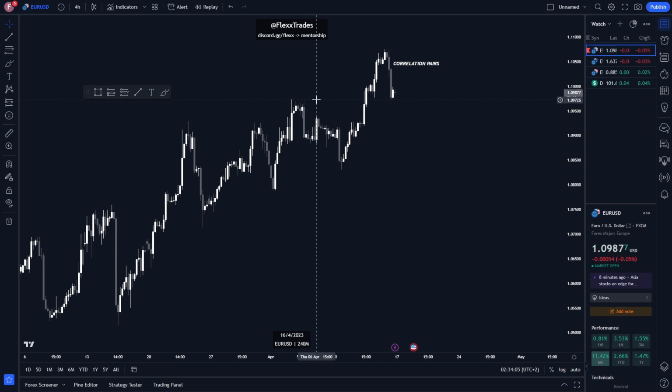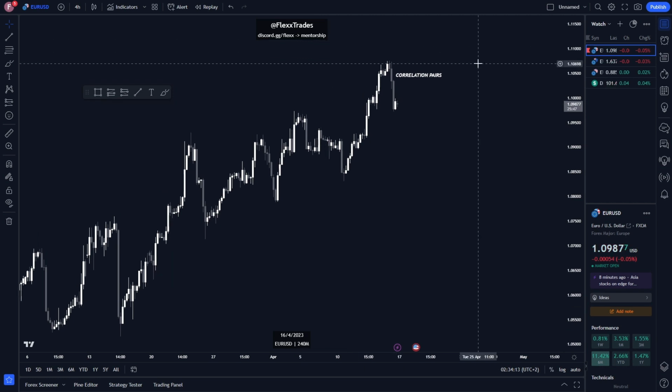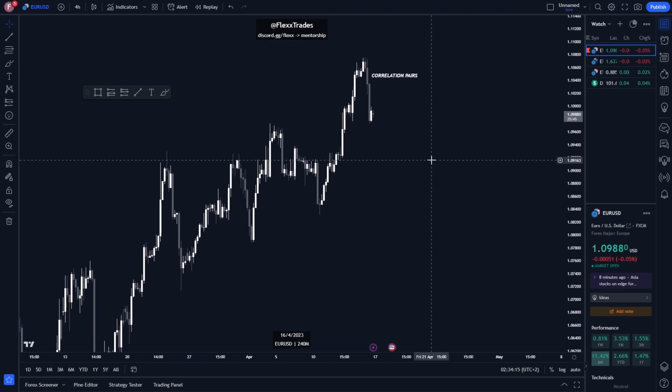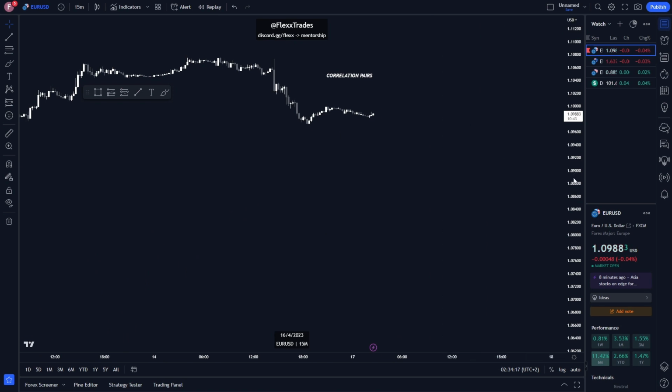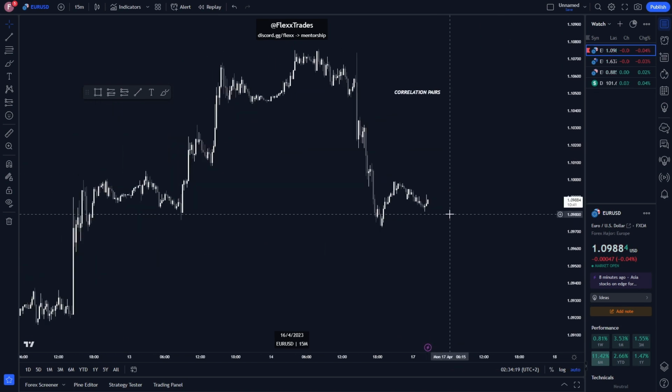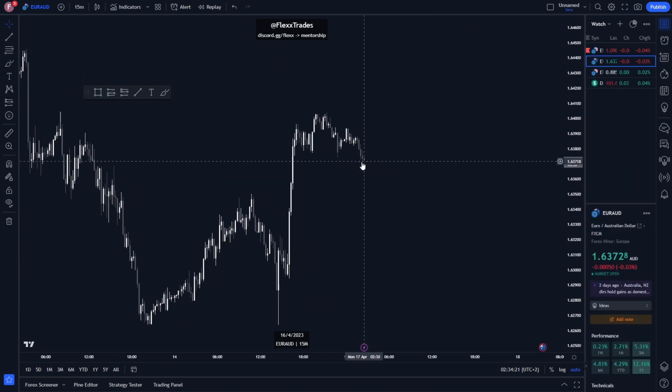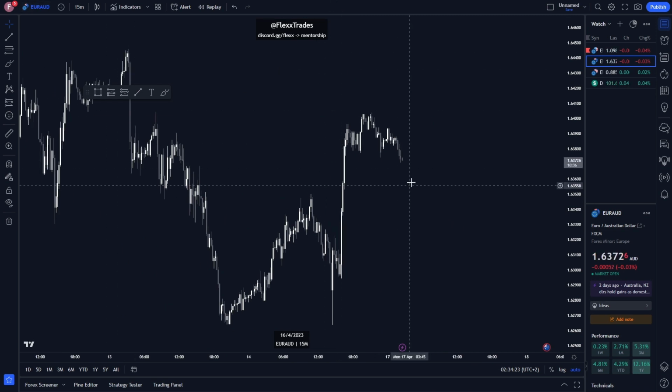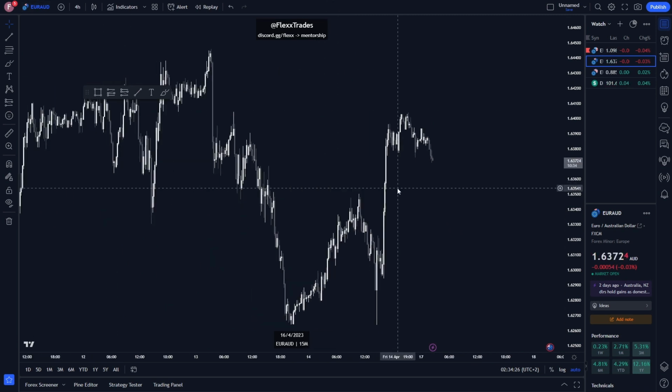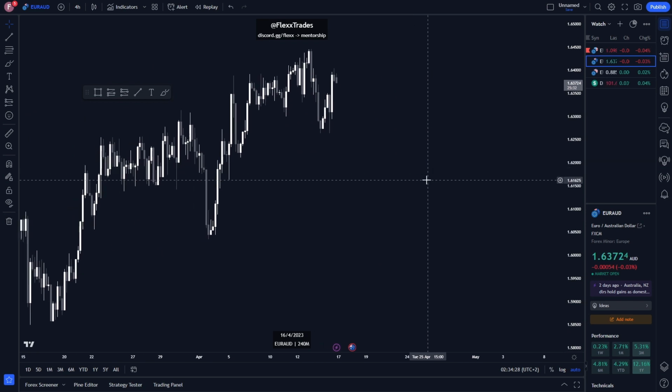So essentially, I want to look at the strongest pair and the weakest pair for buys and sells. I want to be looking at the strongest pair. As you can see, the euro against the Australian dollar is actually pretty bullish, even on the 4-hour. So Euro USD is bullish, Euro AUD is bullish, meaning that the euro is stronger than the Australian dollar.